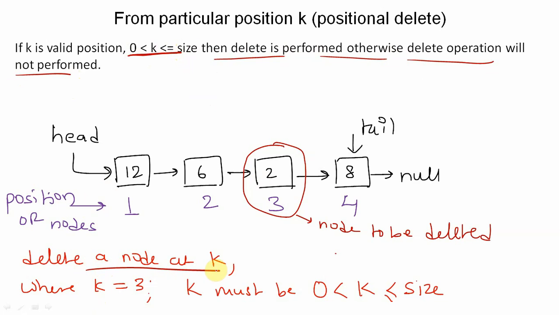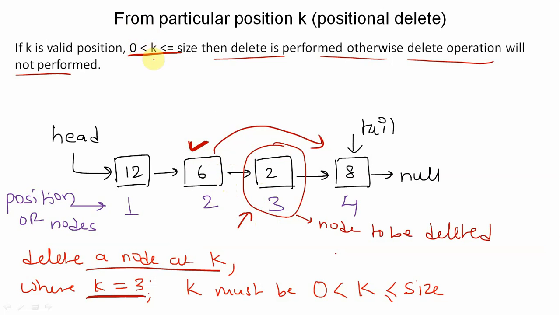We'll start from head and find the k minus 1 node. Then the k minus 1 node's next reference will refer to the kth node's next reference. Means this is the kth node, its next reference is this, we have updated this. Okay, and then this particular node will be removed from the linked list.